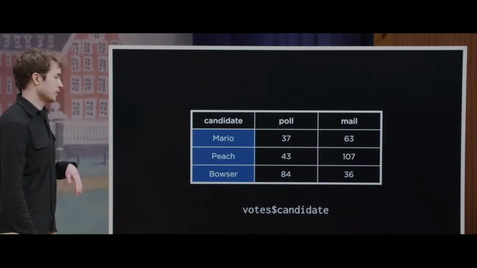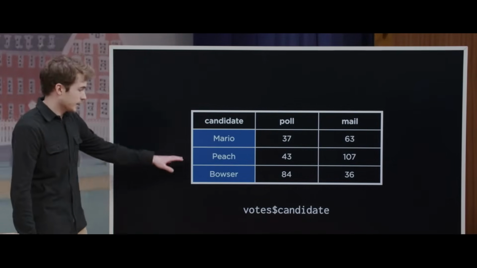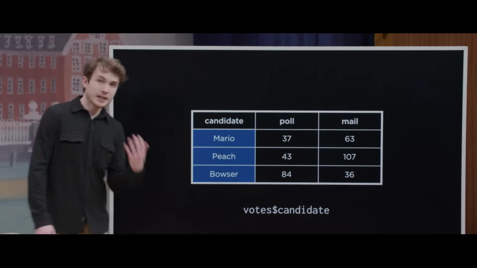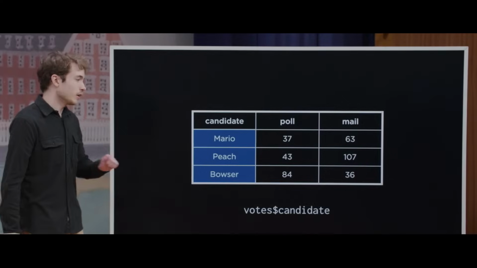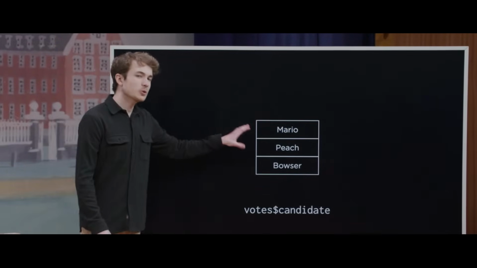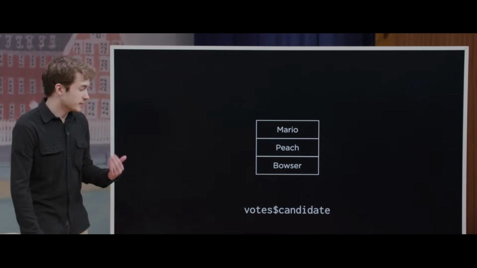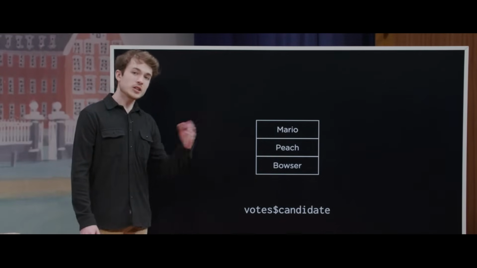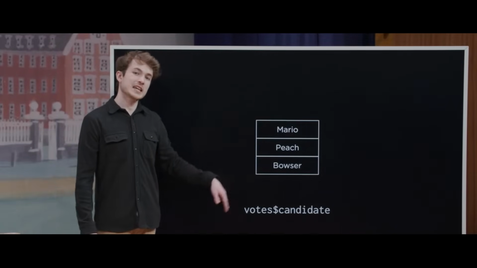To visualize this, let's go back to our data frame here. Let's say I want to access this particular column of votes. Well, I could access it using votes $ candidate. And when I do that, what I really get back is this separate structure that is just the values from that particular column. Now, because this is a new structure, I could use that same bracket notation to ask for particular values from this list of data.